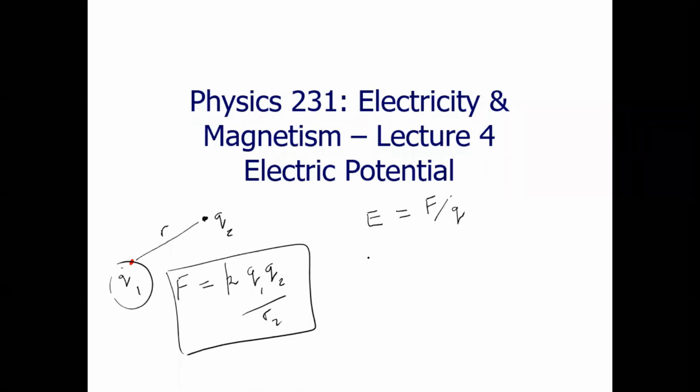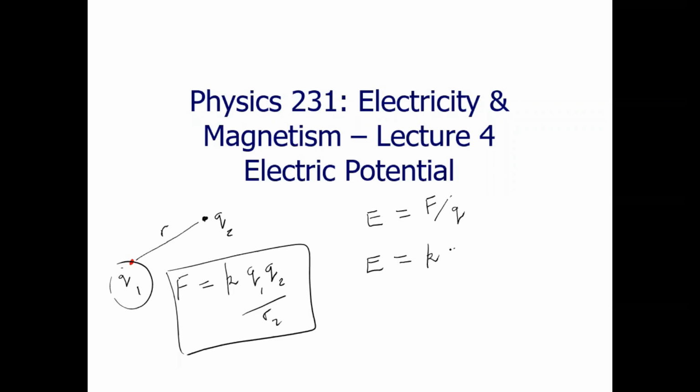For point charges, the electric field emanating from a certain charge is given by K times that charge over R squared, where R is the distance from the charge to the point where you want to find the electric field. Now, we have done these two concepts. That is what brought us into Gauss law, trying to find the electric field using Gauss law. So today we are going to come to yet another concept called electric potential.